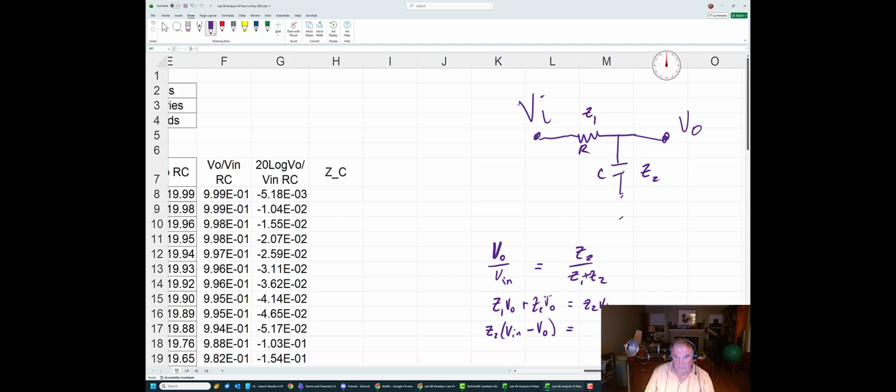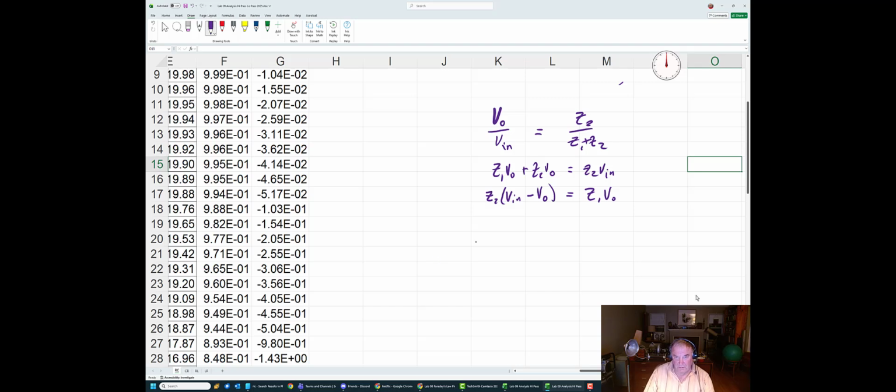So we brought this over here, and that equals then Z1 V out, and then so Z2 equals Z1 V out over V in minus V out.